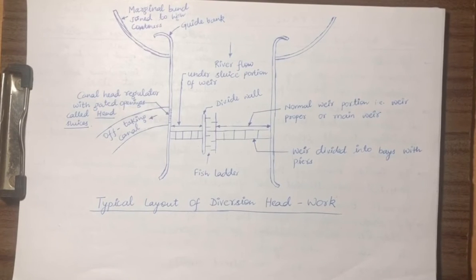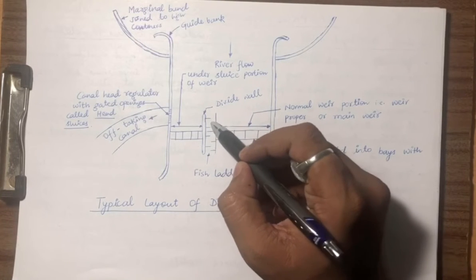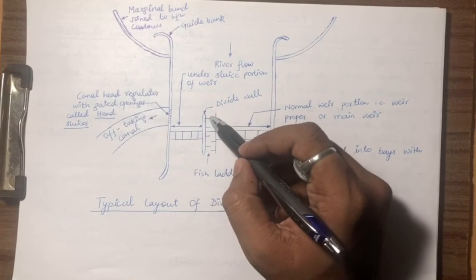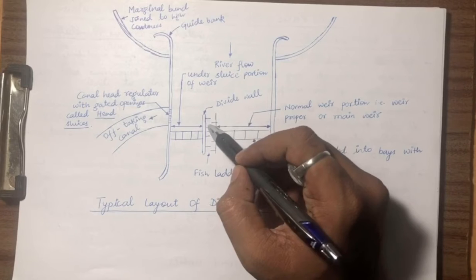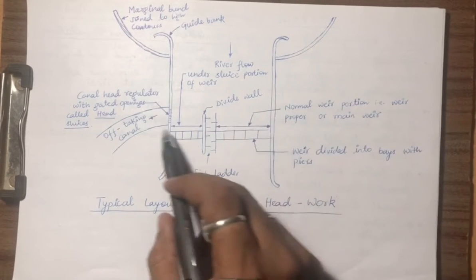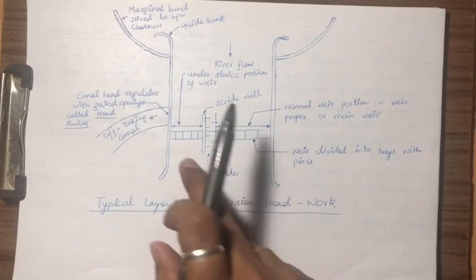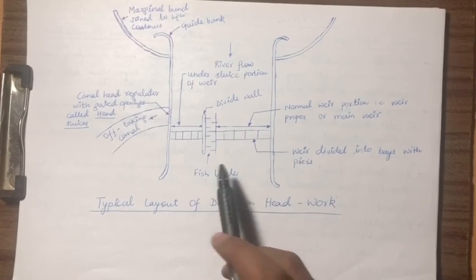So in order to help the fishes, we provide fish ladders. So these are ladders. Due to this obstruction, water velocity will become very less, and the fishes will use this ladder to cross this divide wall, cross this weir, sorry. Okay, so this is called a fish ladder.